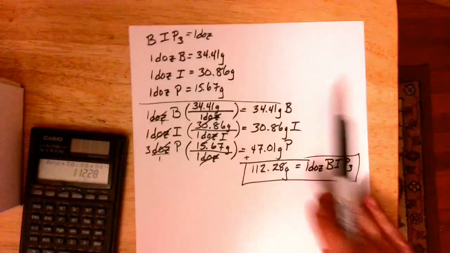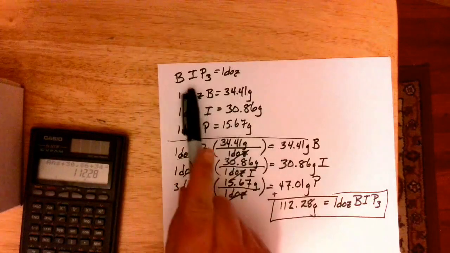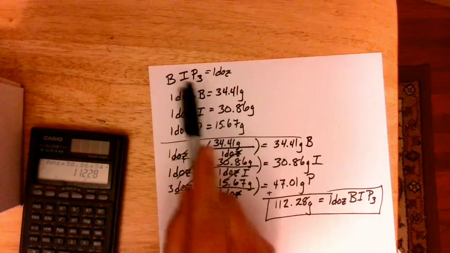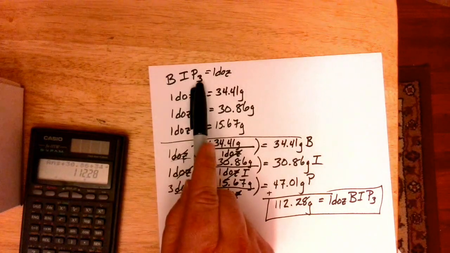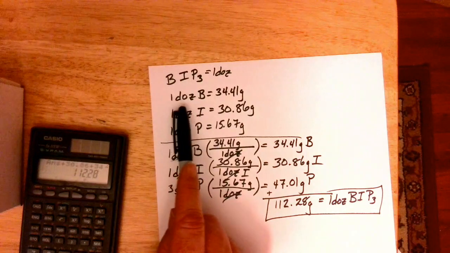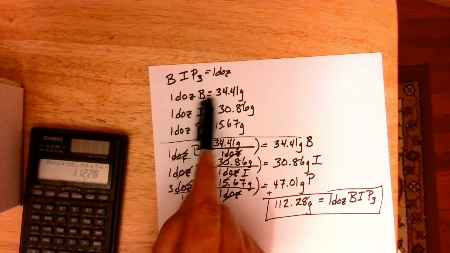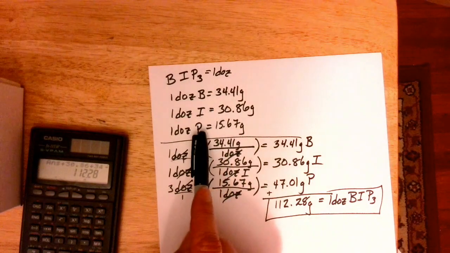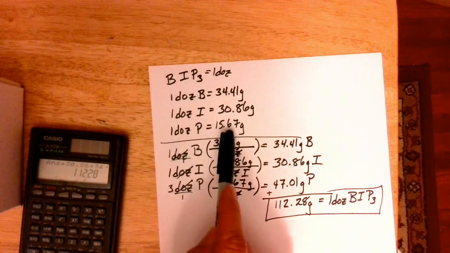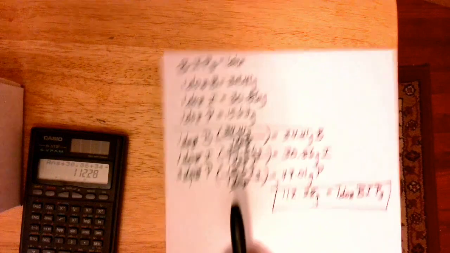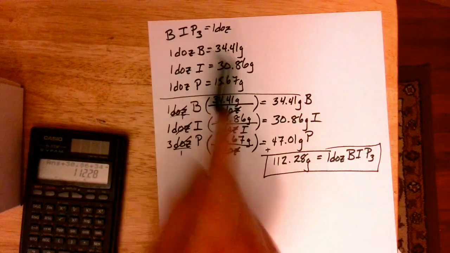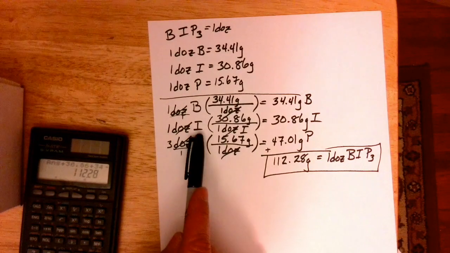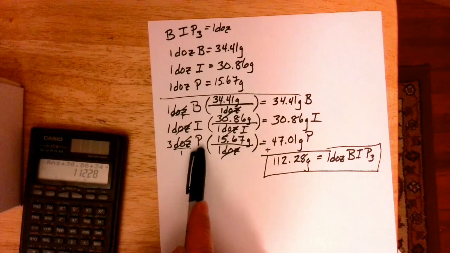So what we just did here is we took the formula BIP3 and assumed we had 1 dozen of BIP3. And then we found out the weight of all the individual parts: all the binder clips, all the index cards, all the paper clips, for a dozen each of those groups. With BIP3, that means I have 1 dozen binder clips, 1 dozen index cards, and 3 dozen paper clips.